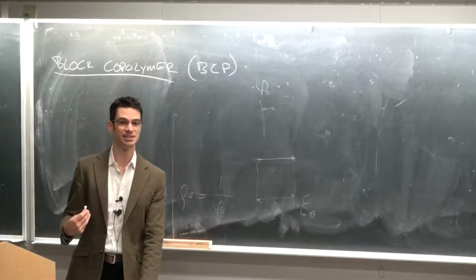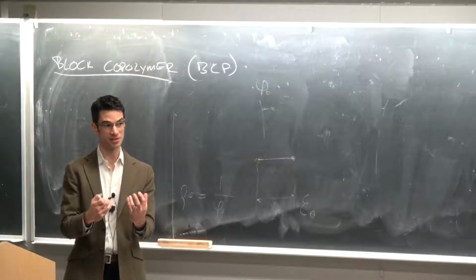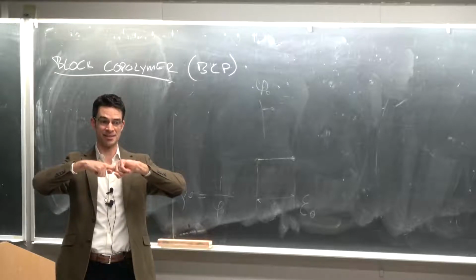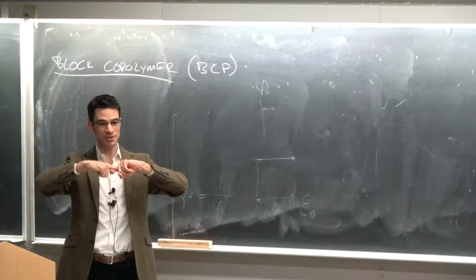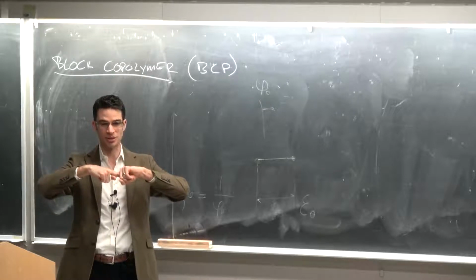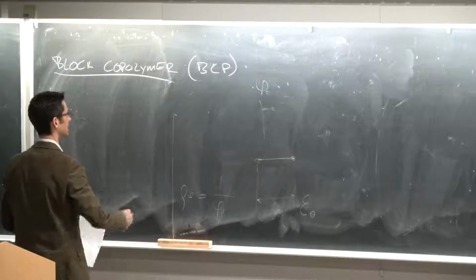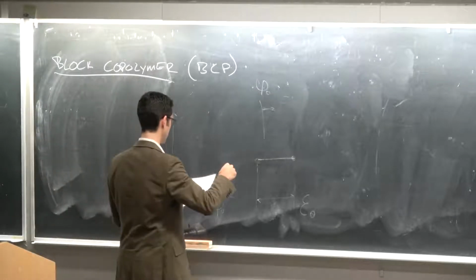The strategy is to take A and B and to link them covalently so they can't phase separate. Now, in fact, they do phase separate, but they can only phase separate on the order of nanometers as opposed to on the order of millimeters, which can be quite powerful.